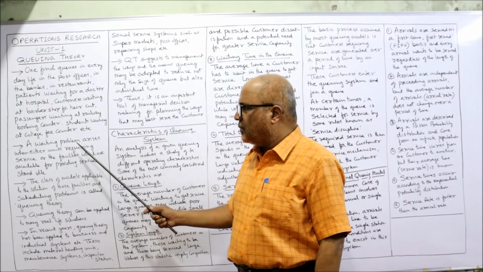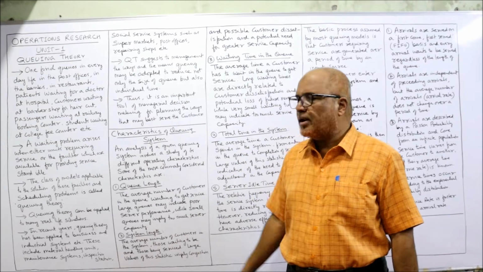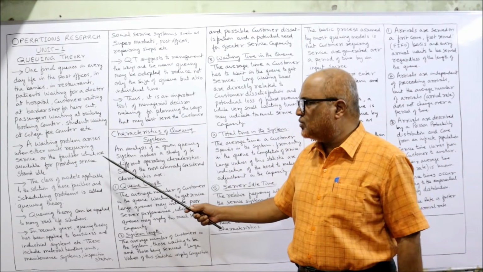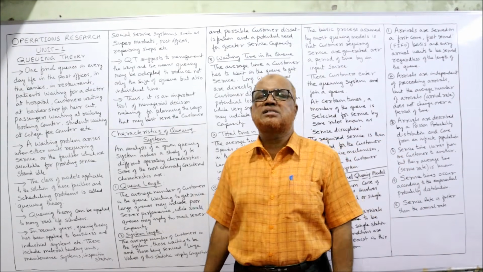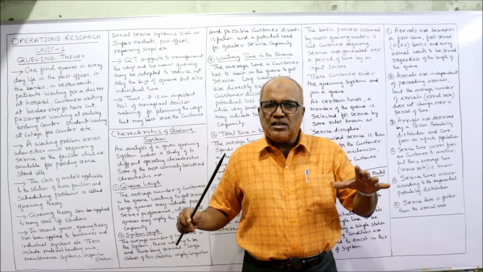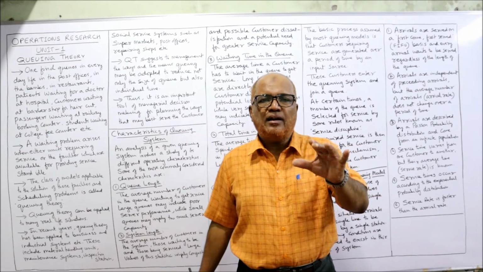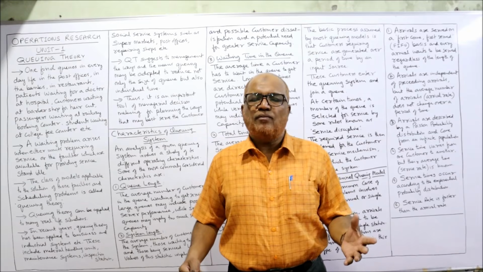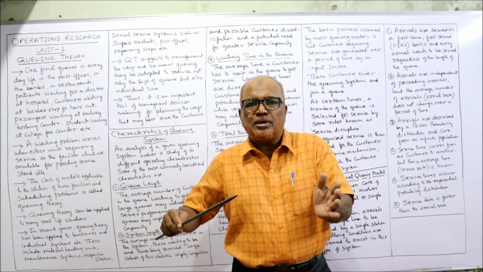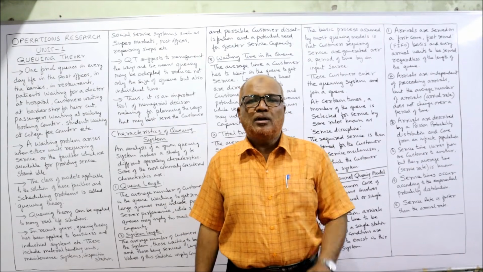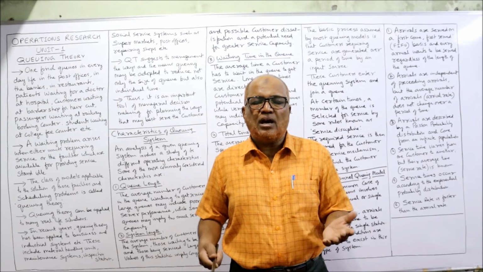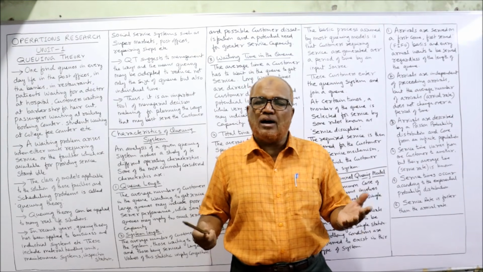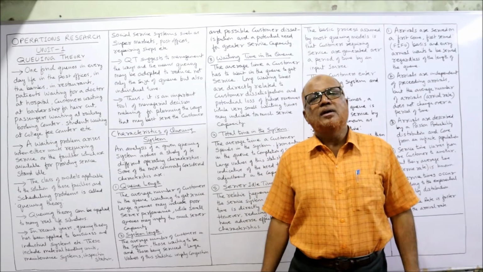A waiting problem arises when either the units requiring service or the facilities available for providing service stand idle. So what is the waiting time problem? The customers are waiting in the queue. Till the time they get the service, they have to stand idle. That is the waiting time for the customer.